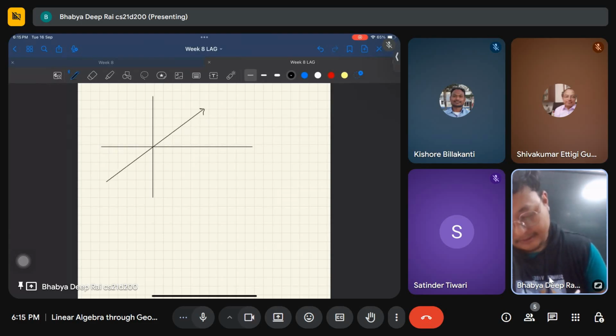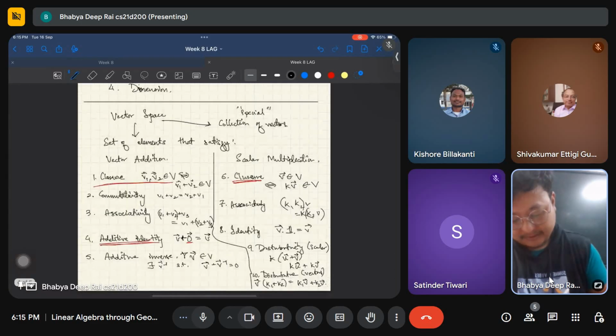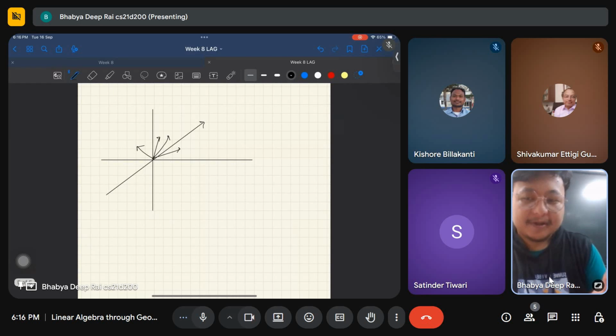Now you have a bunch of vectors, and you want to see if they form a vector space or lie in the vector space. What you firstly observe is that they satisfy properties like commutativity and associativity trivially because they are vectors.